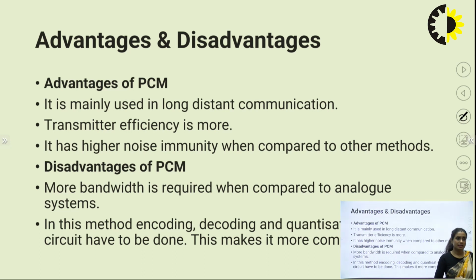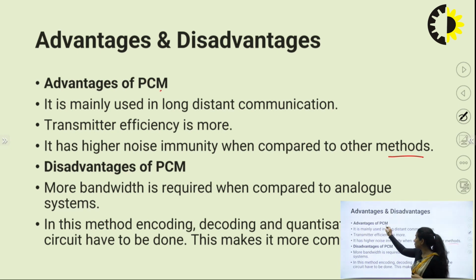What are the advantages and disadvantages of my pulse code modulator signal? PCM is mainly used in long distance communication. Here the transmitter efficiency is more, and it has better noise immunity as compared to other methods.